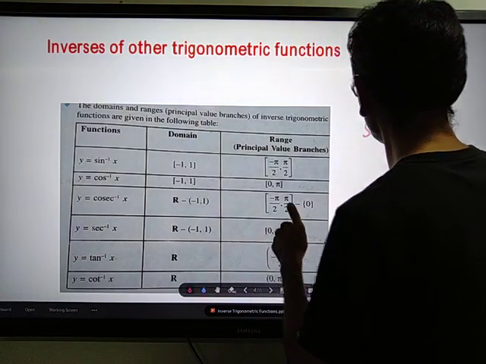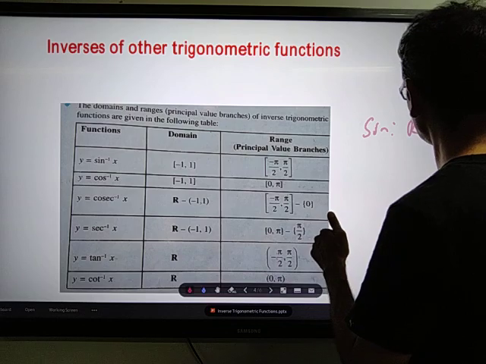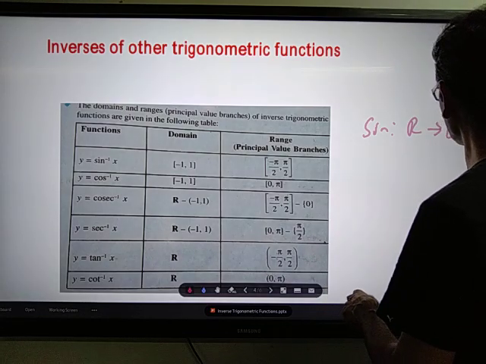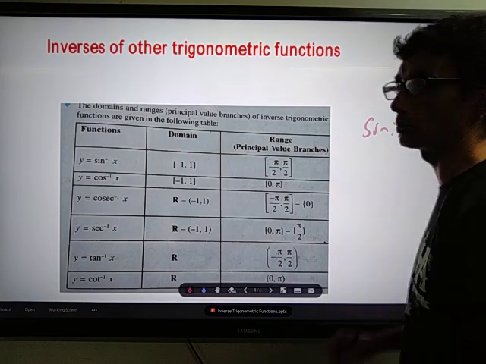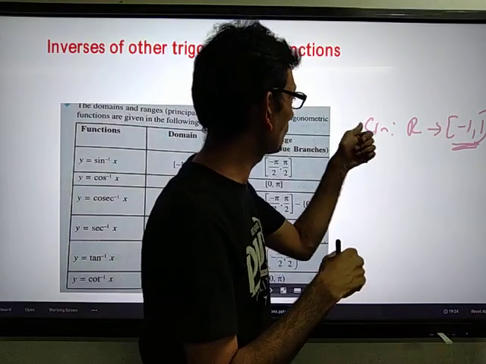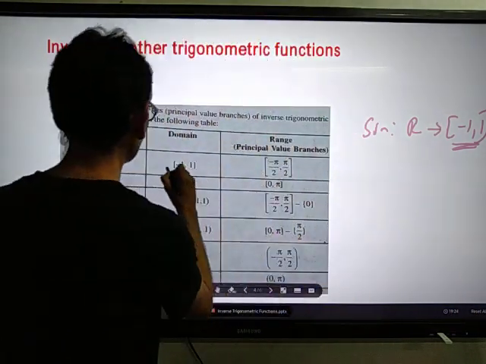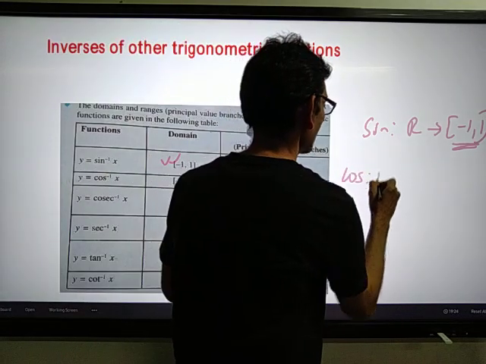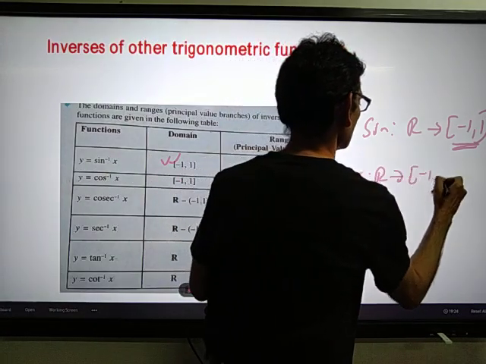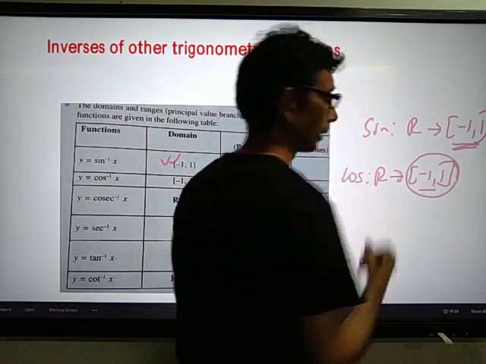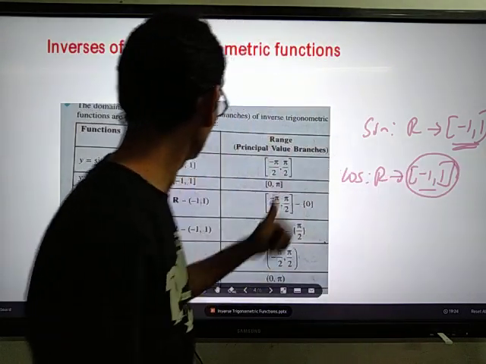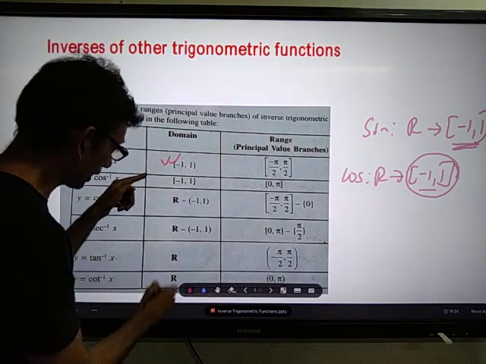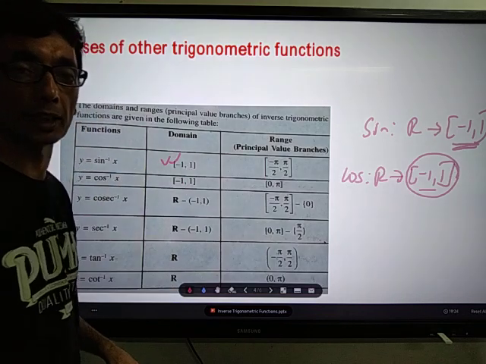For sine, the domain is R and the range is minus 1 to 1. This minus 1 to 1, the range of sine, will now be the domain. Similarly, for cos, it's R to minus 1 to 1, and this minus 1 to 1 will now be the domain. Similarly, we can explain the other domains.